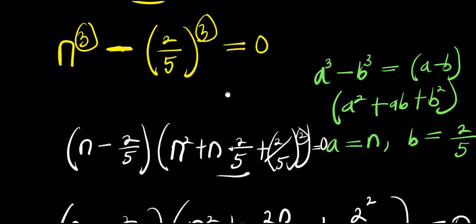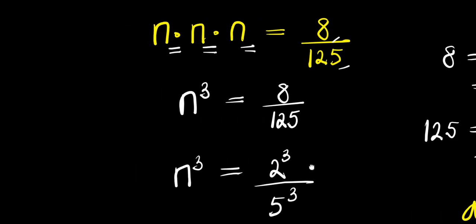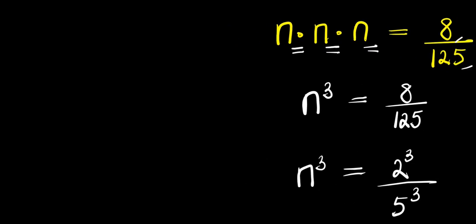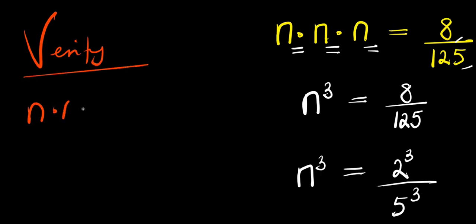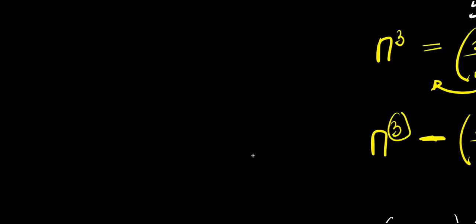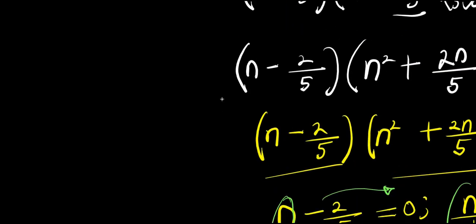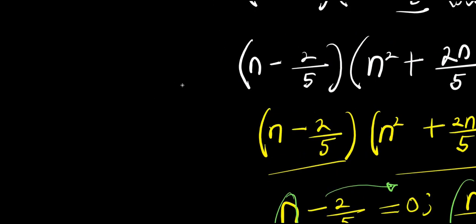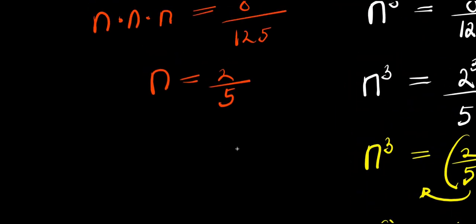And that is it. We need to verify this. n times n times n equals 8 over 125. And from here, our n is 2 over 5, that's our real solution.